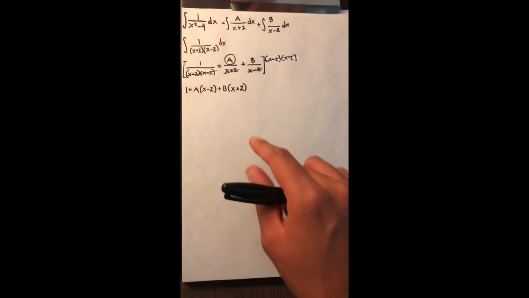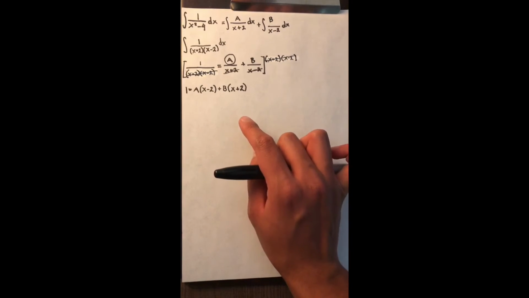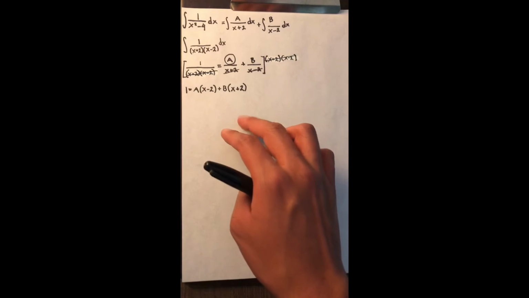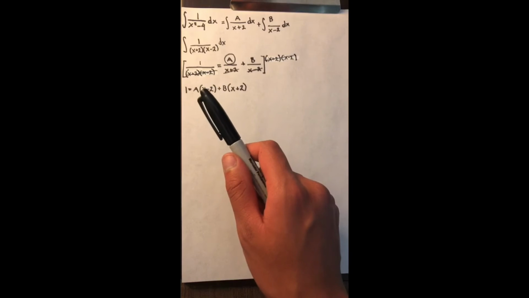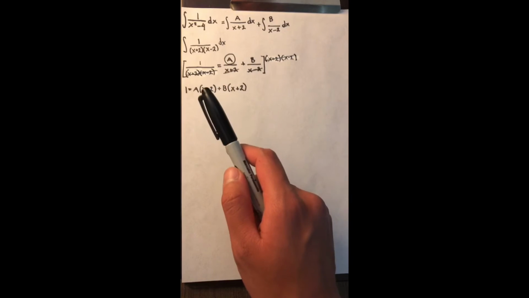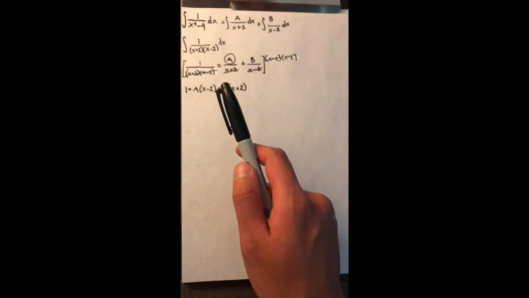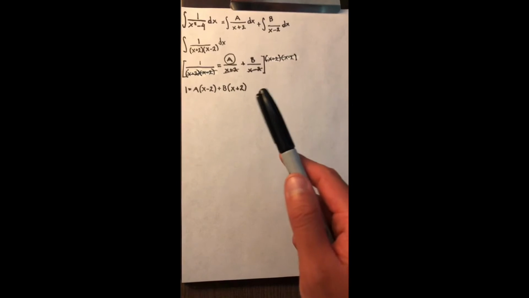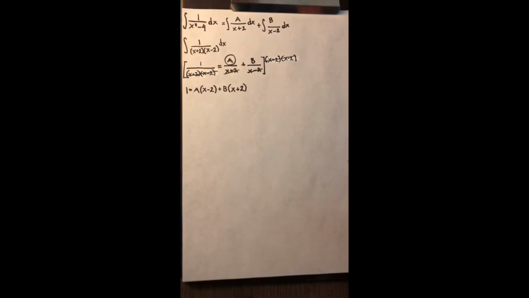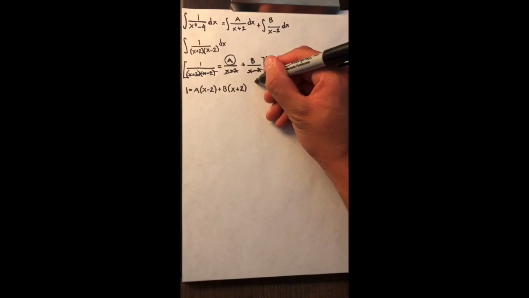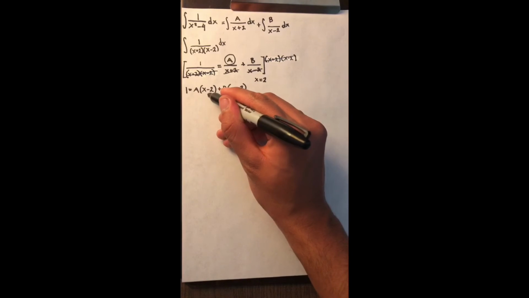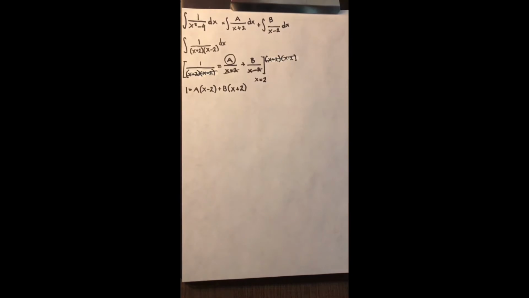Now, when you have linear factors like x minus 2 and x plus 2, there's a shortcut technique you can use to calculate the values of a and b, and that's plugging in numbers for x. If we plug in x equals 2, this term becomes 0.